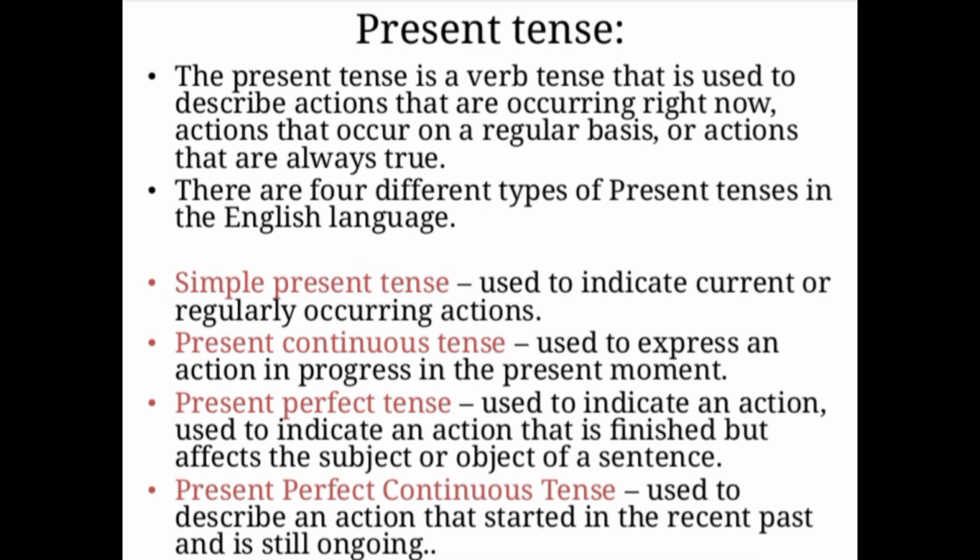We use present tense to tell the actions that happen on a regular basis, and you could say we use present tense to tell day to day habits. And we also use present tense to tell the actions that are always true. So these are the usages of present tense.